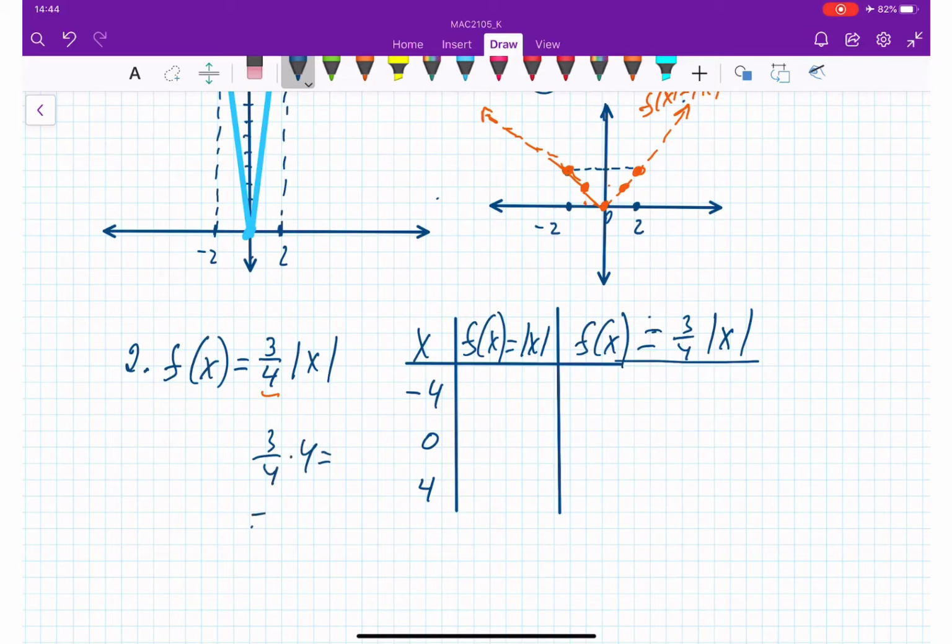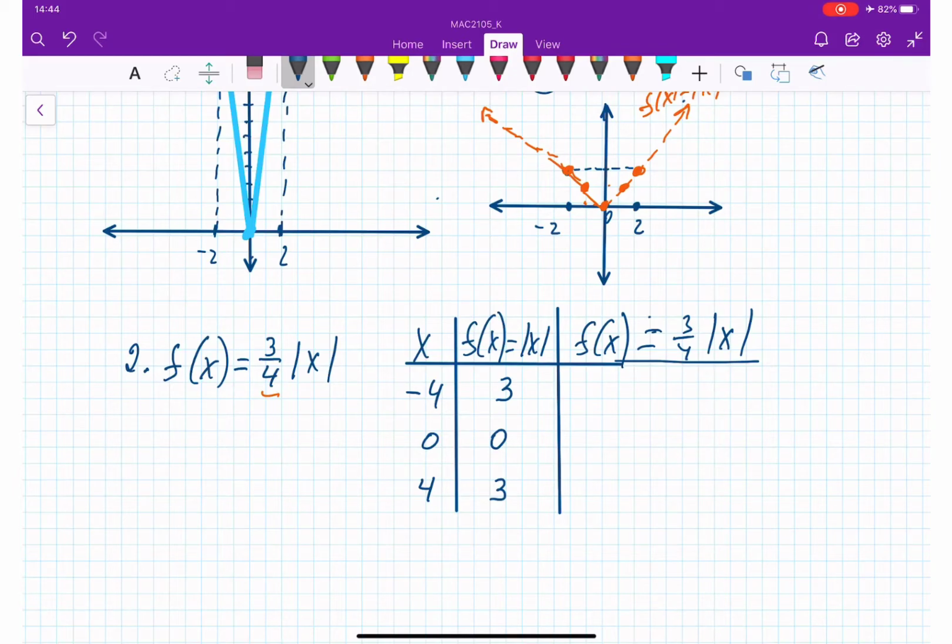That means 3 times 4 by 4. So 4 and 4 is gone. I'm getting positive 3. Because absolute value, so negative becomes positive. Okay? So when x is 0, absolute value of x is 0, obviously. When x is 4, also it's going to be 3, because 3/4 times 4, so 3.